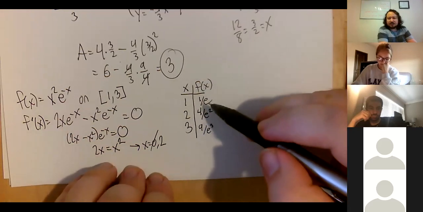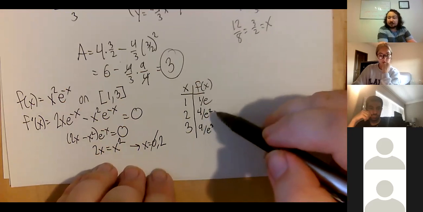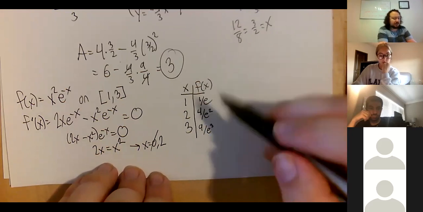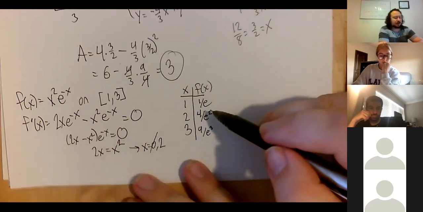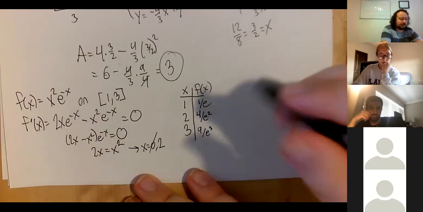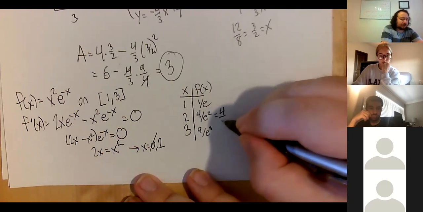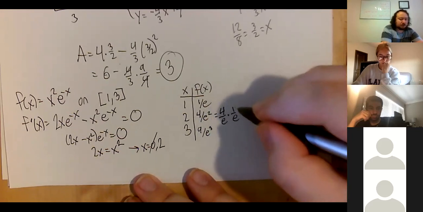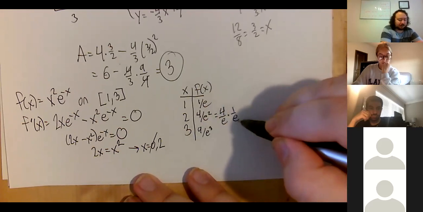Now, at first, it might seem like it's kind of hard to know which one of these is the smallest, because our denominator is getting bigger, but our numerator is getting bigger too. So let's try to find a way to compare these. I'm going to try to compare these to the size of 1 over e. So the way I can get a 1 over e here is if I rewrite 4 over e squared like 4 over e times 1 over e.